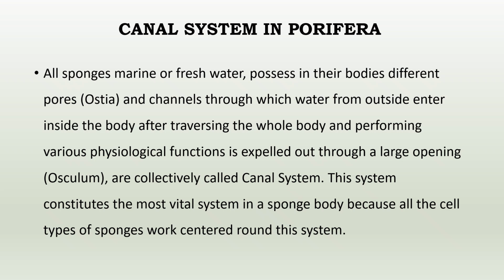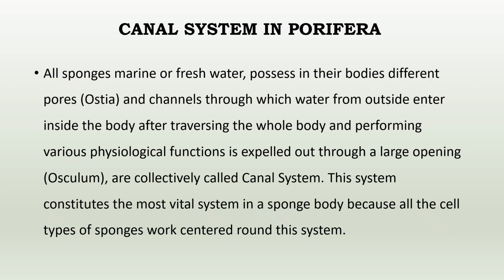Canal system in porifera. As we all know, all the sponges are marine and a few are freshwater forms, but all of them have a distinguishing feature, that is the perforation of the body surface by numerous apertures or pores through which the water traverses the whole body and performs various physiological functions and is expelled out through the large opening called the osculum.